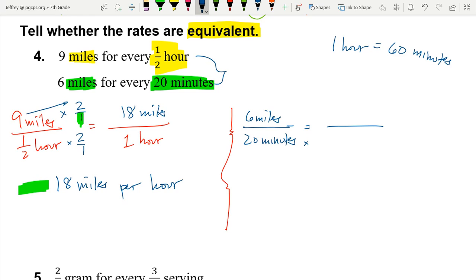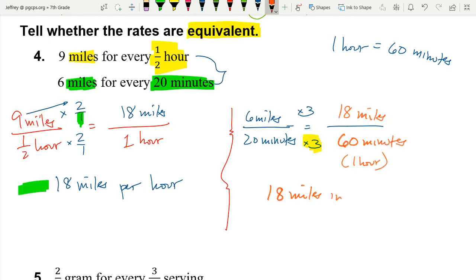We multiply by 3, because 3 groups of 20 minutes would give us 60 minutes, or 1 hour. 6 times 3 will give us 18 miles. So the rate is 18 miles in 1 hour, or per hour, which is the same thing. So these rates are equivalent.